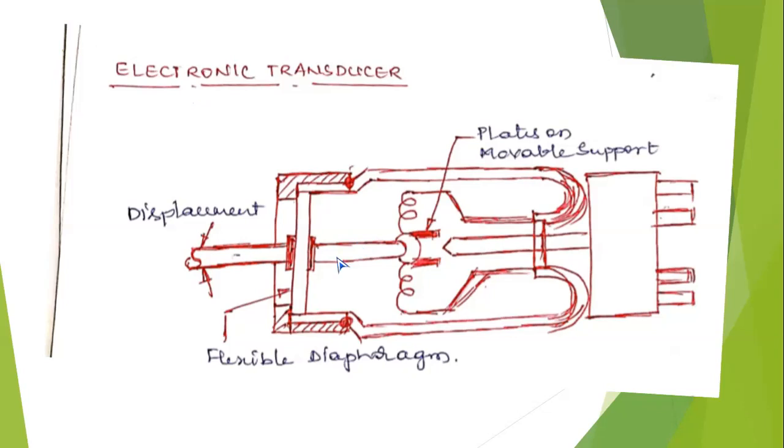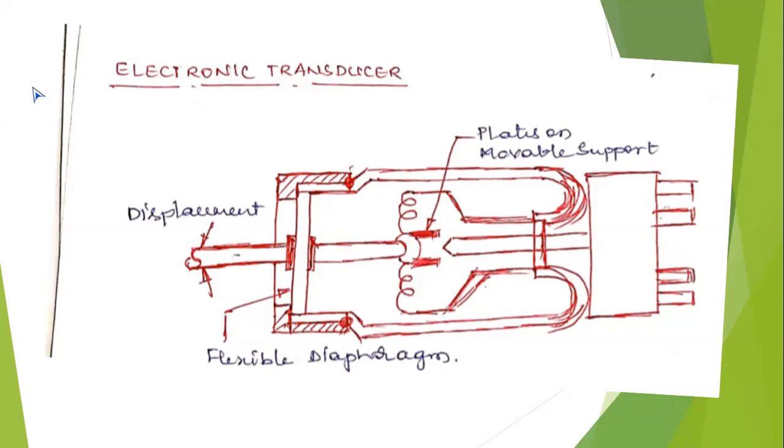The other shaft or plunger is connected to the center of the tungsten filament. There will be two plates placed on a movable support, and in between the movable support, there will be a rod. This rod is connected to the terminals, and the terminals are connected to the milliammeter.